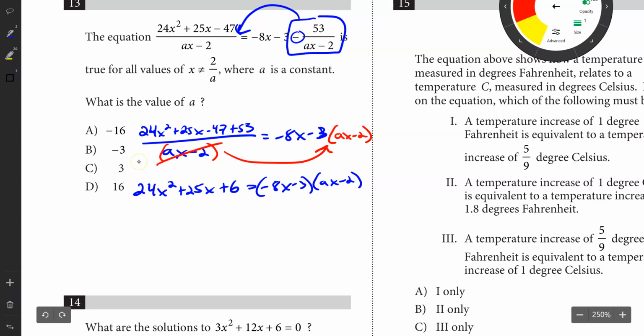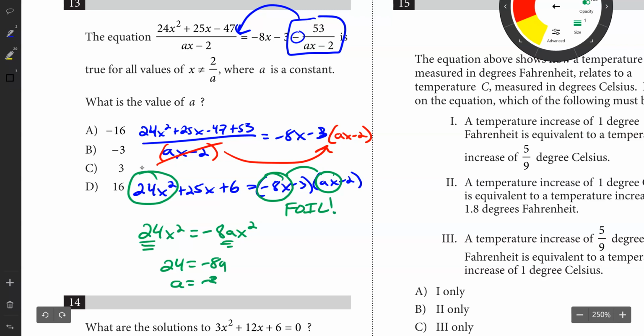You very well could spend much time multiplying the right side out, by FOILing or using the distributive property. But we know this 24x squared is going to be equal to whatever these two multiplied together are. If I multiply those two, 24x squared equals negative 8ax squared, which means 24 equals negative 8a.